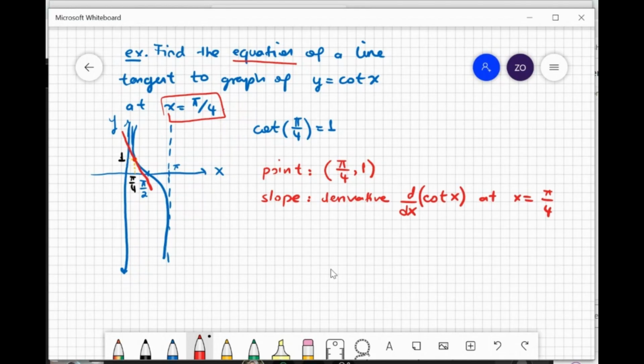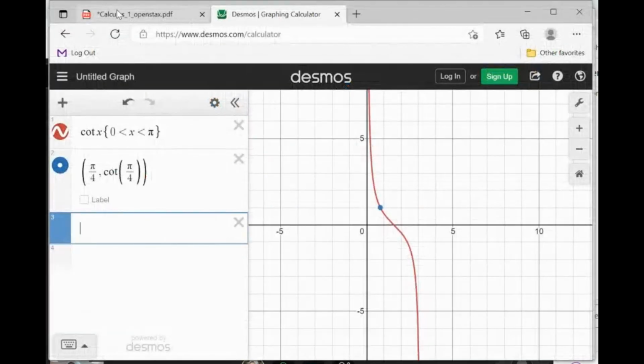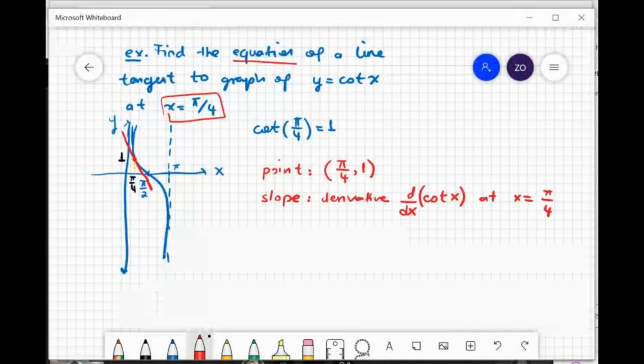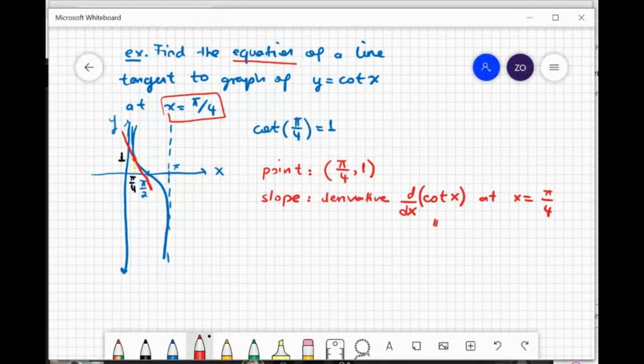Okay, so I will check the textbook for the derivative of the cotangent function, which is negative cosecant square. So this is negative cosecant square x, the derivative of the cotangent function. So the slope of this line will be this function evaluated at pi over 4.